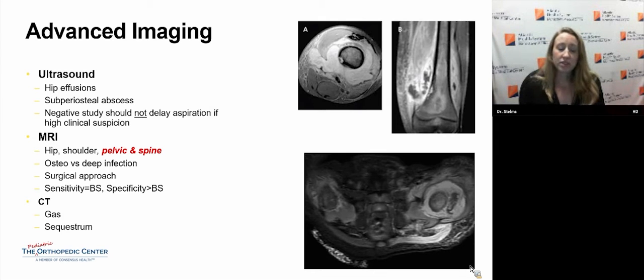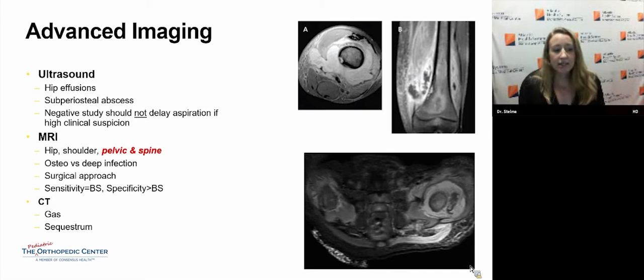An MRI is particularly helpful in evaluating for infections in the pelvis and spine. It can differentiate between a deep soft tissue infection versus osteomyelitis. It can also help guide a surgical approach for drainage to decide on what the safest path would be and the most effective path. The sensitivity is about the same as a bone scan, but the specificity is higher than a bone scan.